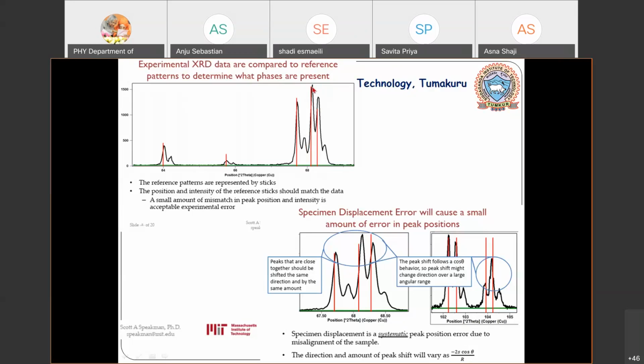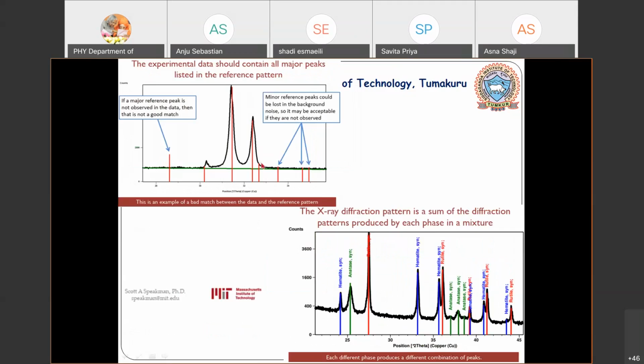Even here, this small peak is not appearing. As this peak appears, its intensity is more than the intensity of this peak. So if you are not able to see this peak, I cannot say this is a good match.